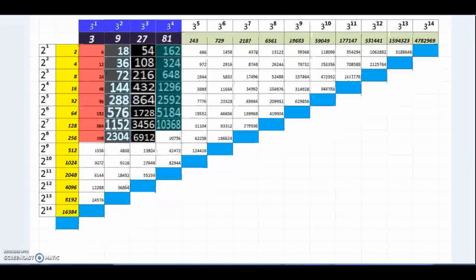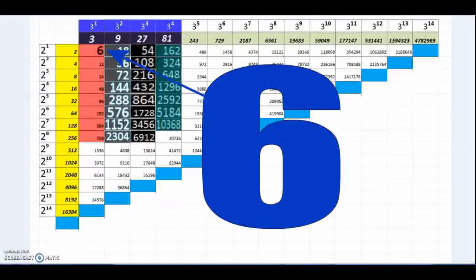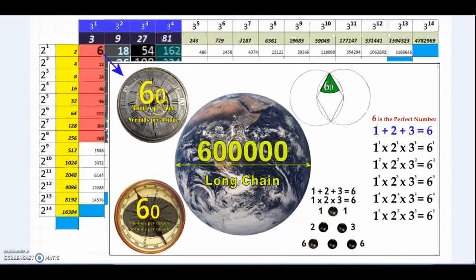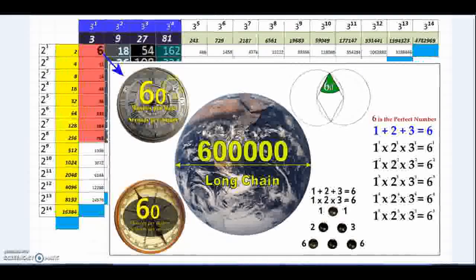So 3, and the next number is 6. And 6, well, 60 minutes per hour, 60 seconds per minute, a reference to time, 60 minutes per degree and 60 seconds per degree on the compass, for the clock and the compass. 600,000 long chain, so the long foot once more describes the equatorial circumference of the Earth at 7,920 miles.